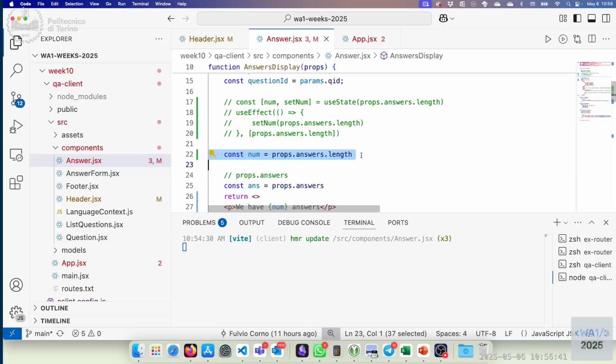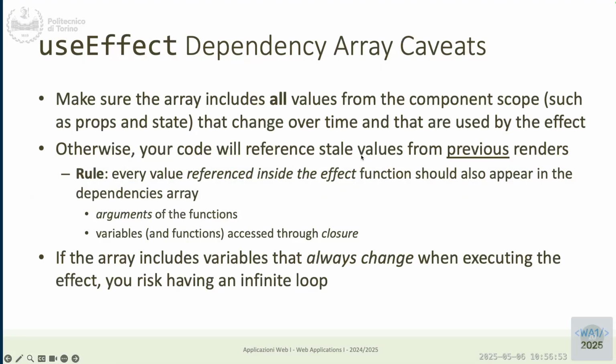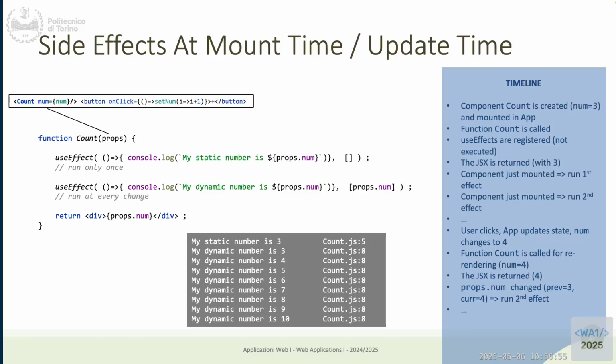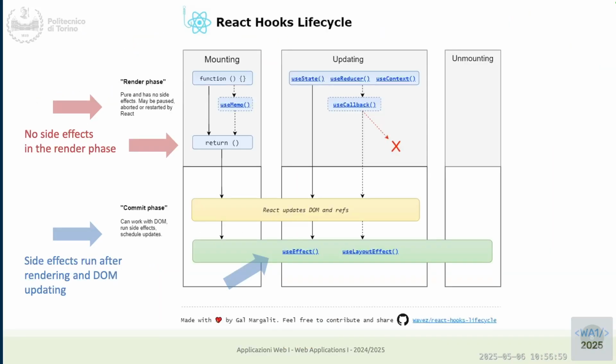But in that case, it makes sense only to recompute it in some specific cases. And for that behavior, limiting the recomputation of something which is computationally intensive, there's another hook called useMemo, for example, that memoizes the result of a computation.